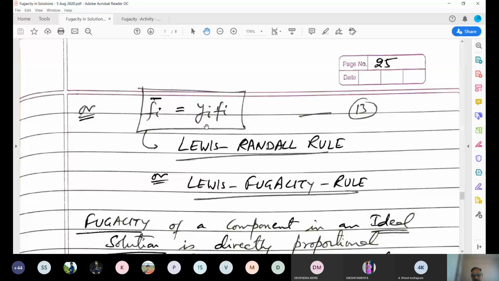Now we are saying fugacity of component I in solution is equal to mole fraction of component I into pure component fugacity. So now we understand why we are doing all these things. We are trying to find out fugacity of component I कैसे निकालने का from pure component.